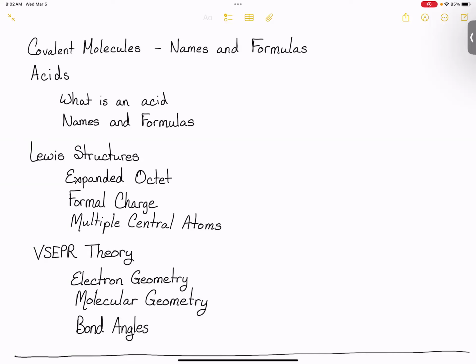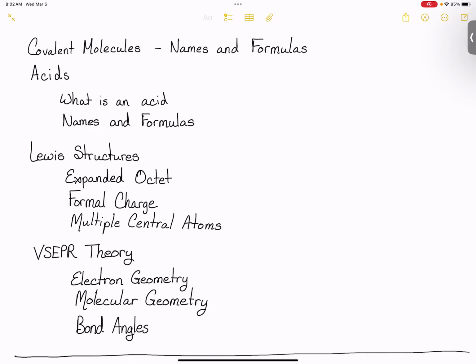Now, essentially what we're doing today, folks, is this first part with the covalent molecules and acids is finishing up our discussion about formulas and names. We've talked about monoatomic ions. These are ions from the periodic table.